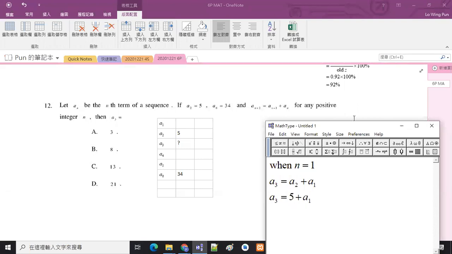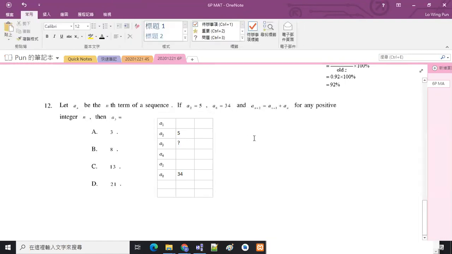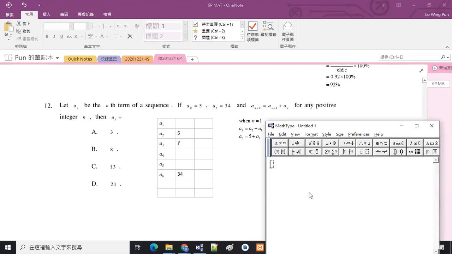5 plus a1. OK, 好啦，但係 a1 我哋未知係啲咩嚟嘅，所以我哋就未可以計到住，咁我哋就 keep 住喺度先。When n is equal to 1, we have no conclusion. OK, and then when n is equal to 2，逐個代嘅。A4 is equal to A3 plus A2, right?